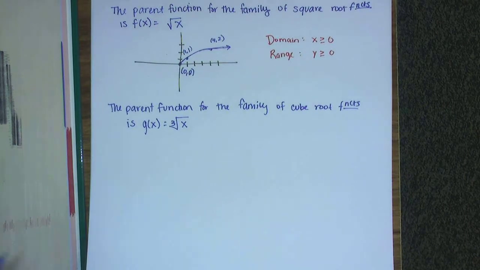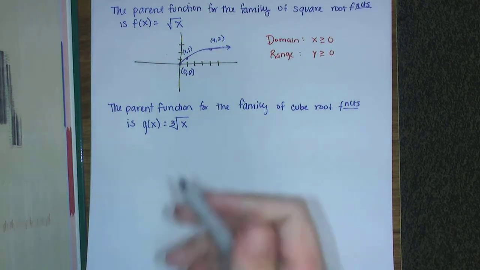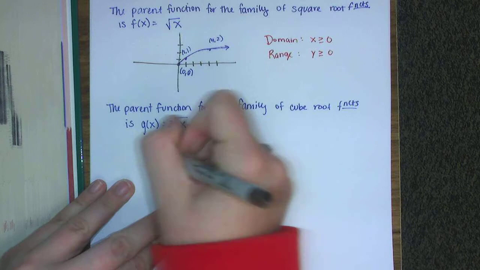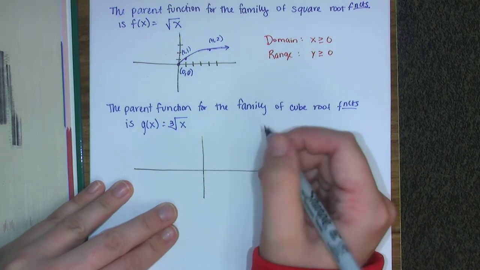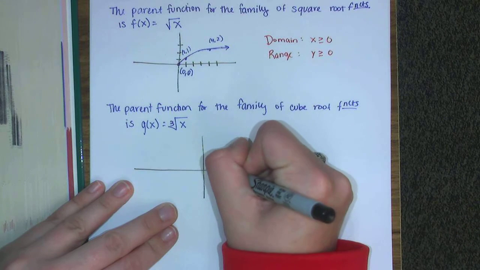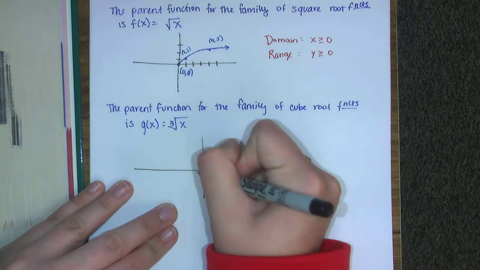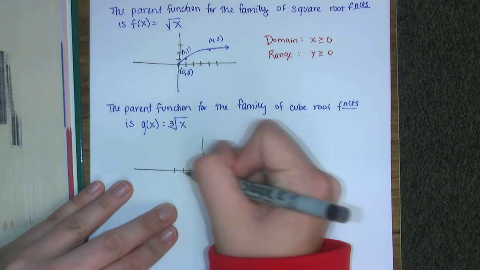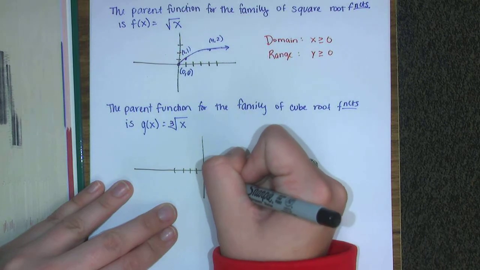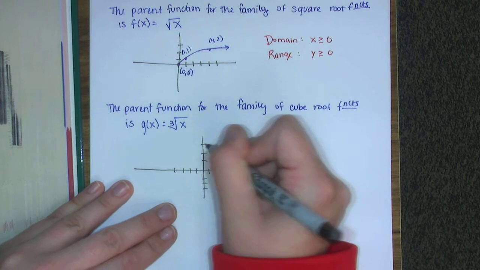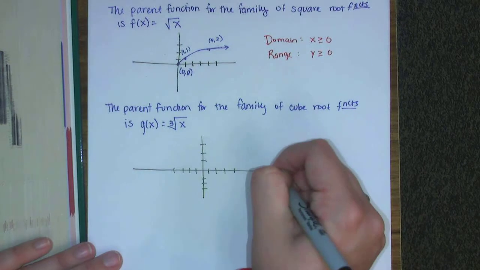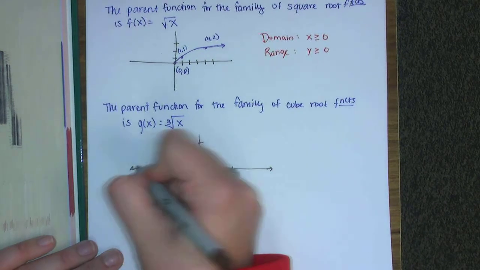So, for the cube root, we have, again, a coordinate plane drawn here, and we'll just say let's go out to just like 4 on each side, 1, 2, 3, 4. And top to bottom, we'll just go with 3. We're just eyeballing this here, so it doesn't really matter.